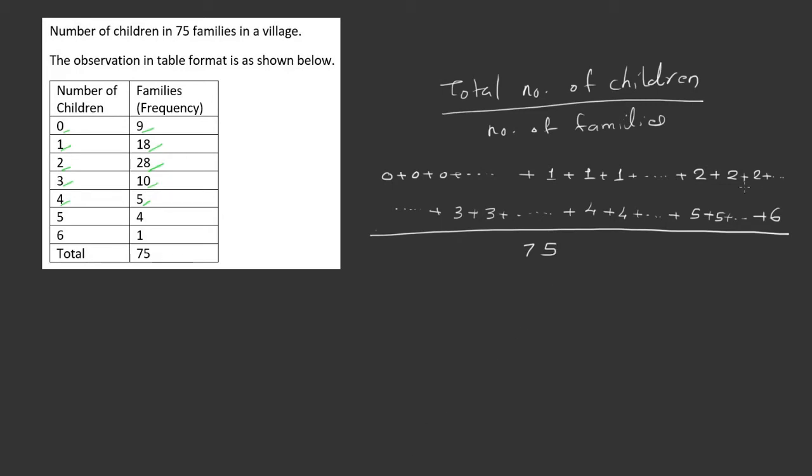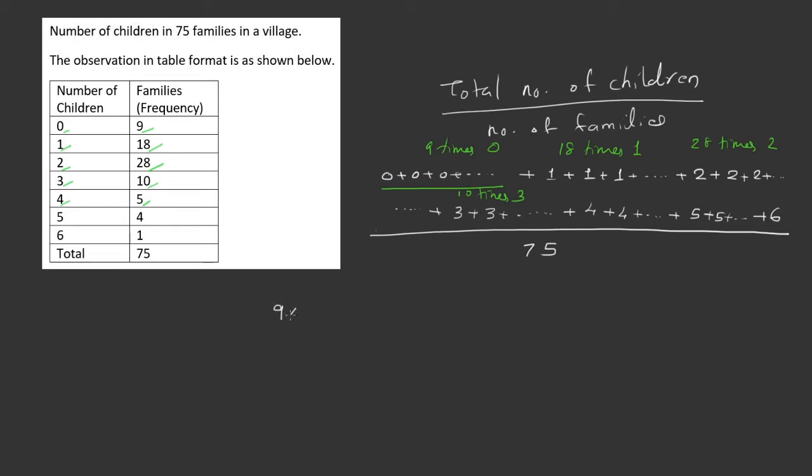It is so time consuming if we add one by one. Look into this data. It says 0 adds 9 times, 1 adds 18 times, 2 adds 28 times, 3 adds 10 times, like that. What is 9 times 0?